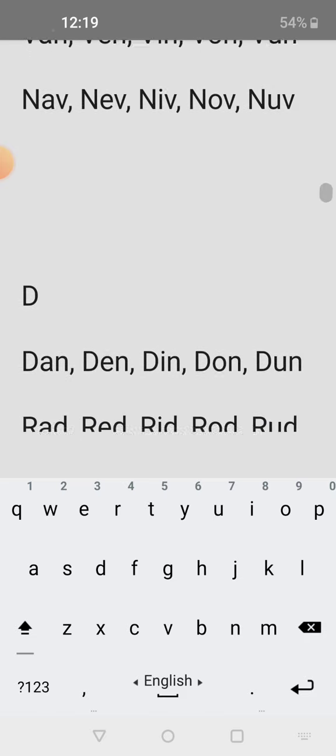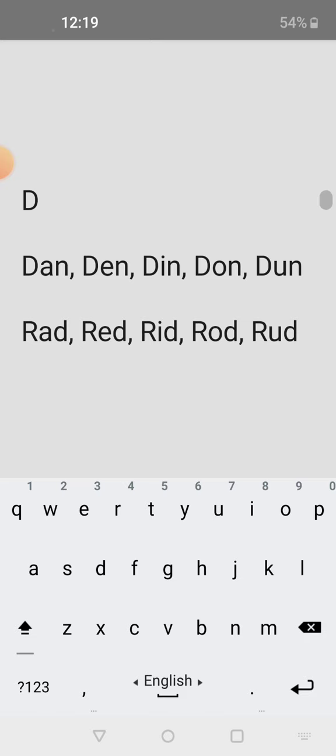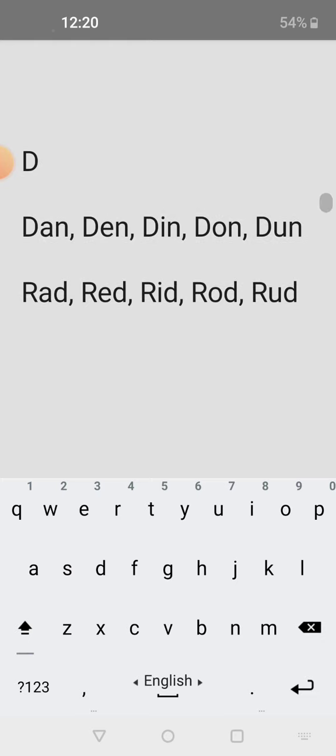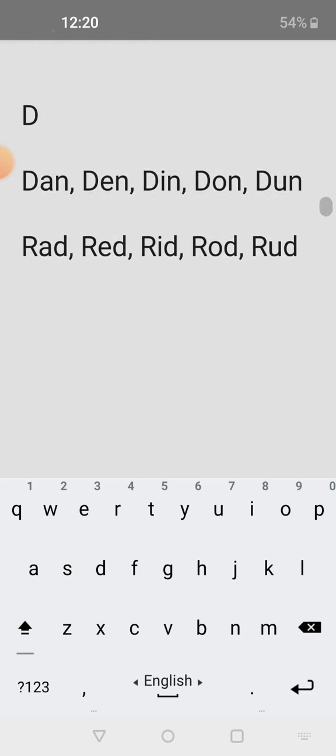Now for D. D is another hard sound again. So don, den, deen, don, doon. And for things ending in D: rod, red, reed, road, rude.